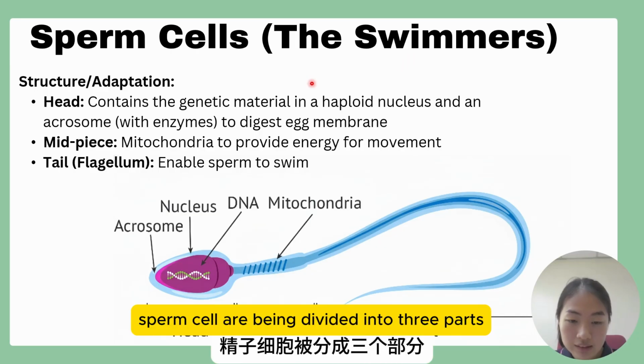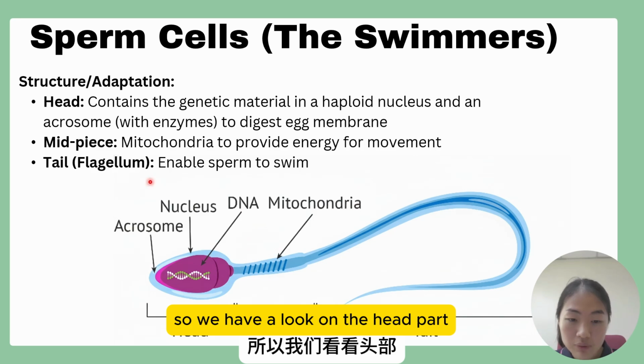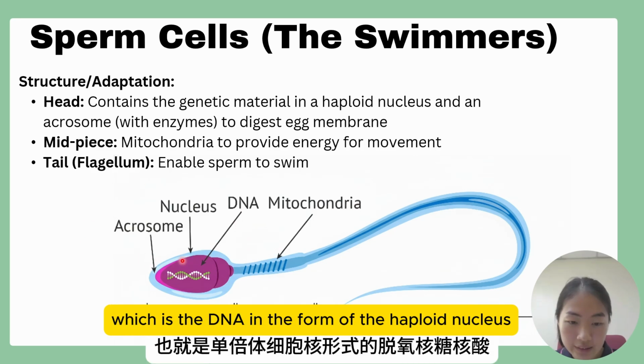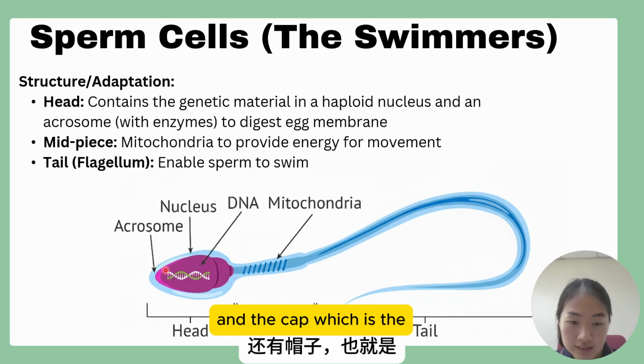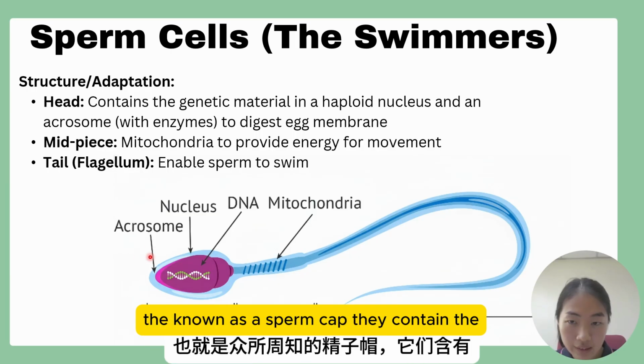Sperm cells are divided into three parts, which are the head, the midpiece, and the tail. Let's have a look at the head. The head contains the genetic material, which is the DNA, in the form of the haploid nucleus, and the cap, which is the front part of the head, known as the sperm cap.